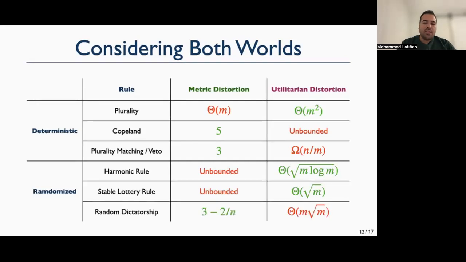And we have random dictatorship, which has metric distortion of 3 minus 2 over n, but has a utilitarian distortion of square root of m, which is far from being optimal. So as you can see, none of the well-known rules have a good distortion in both worlds at the same time. So the question is whether it's possible to design a rule that gets the best of both worlds at the same time.